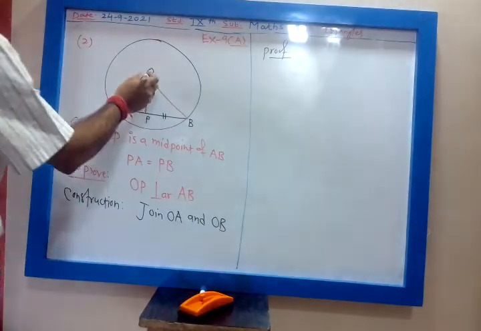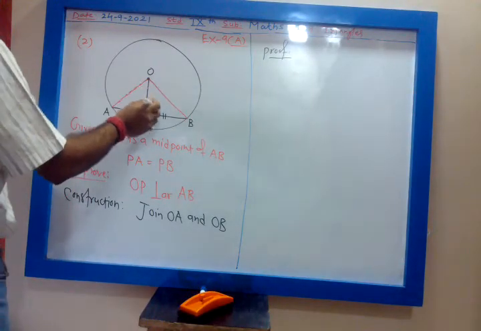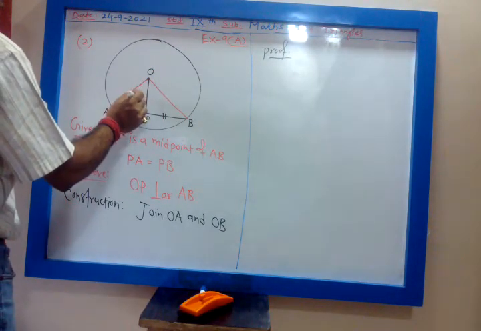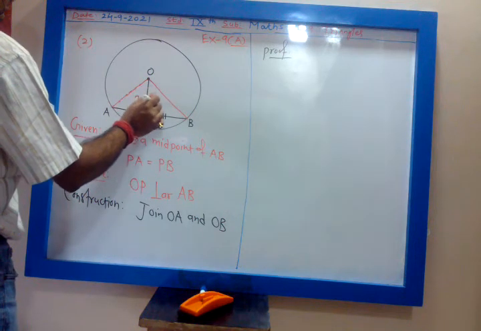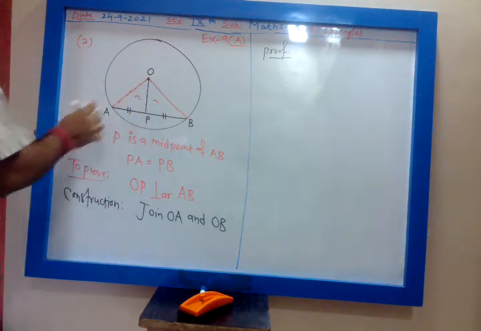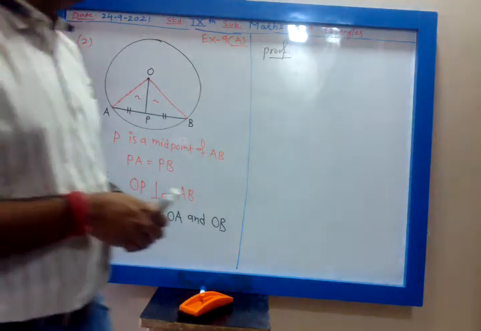Now which two triangles can you see? You can see the triangles OPA and OPB. Let us consider this triangle and this triangle, and we show that these two triangles are congruent.